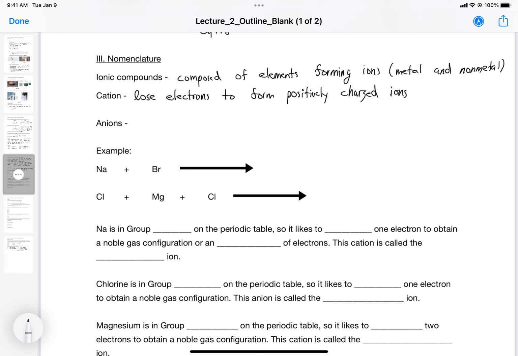And anions are the exact opposite. You gain electrons to form negatively charged ions.